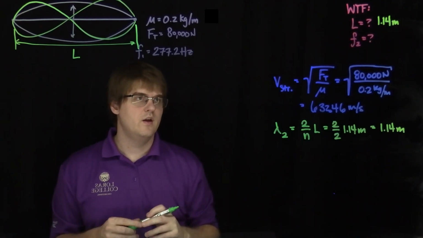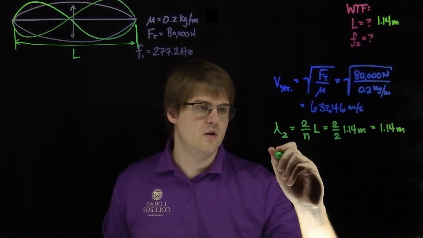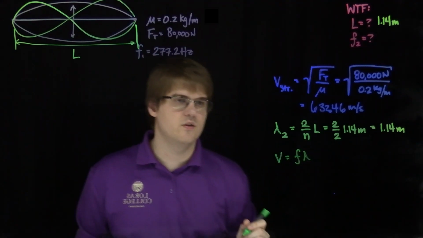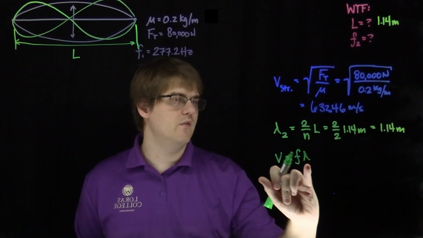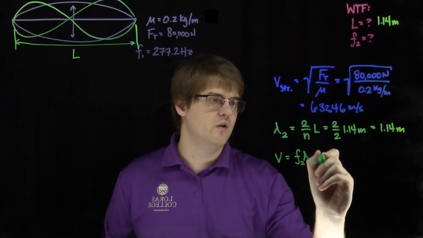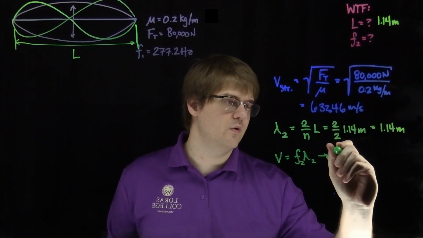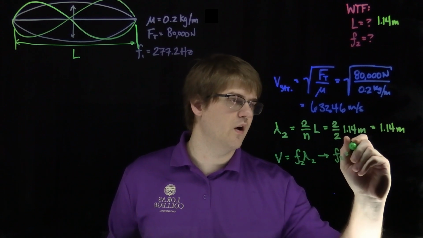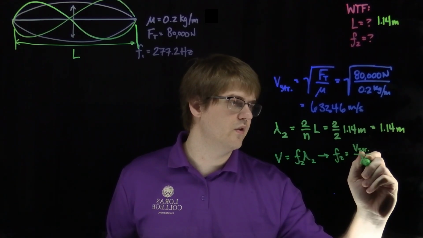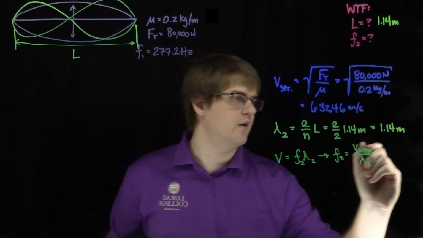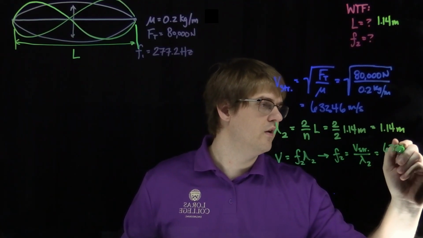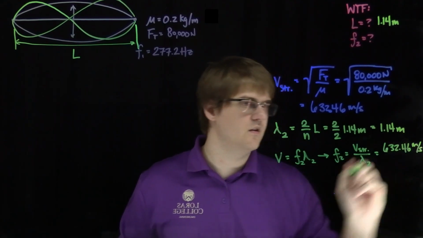And with that, I want the frequency of it. So velocity is going to be equal to our frequency times our wavelength. We have our wavelength. We have our velocity. We want our frequency. So our frequency is going to be our velocity along the string divided by our wavelength. And that is 632.46 meters per second.